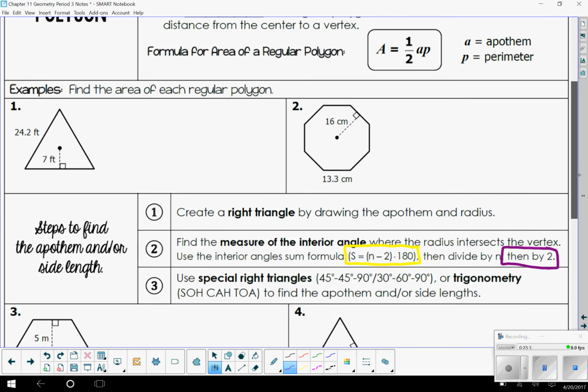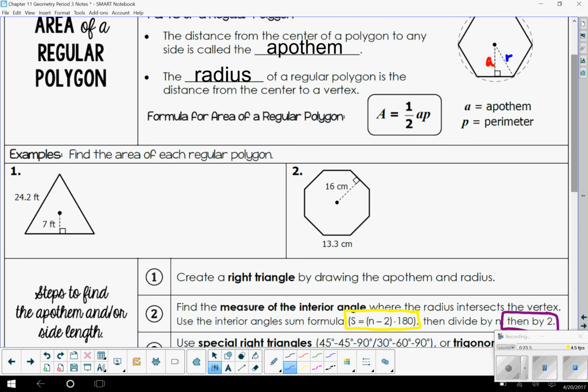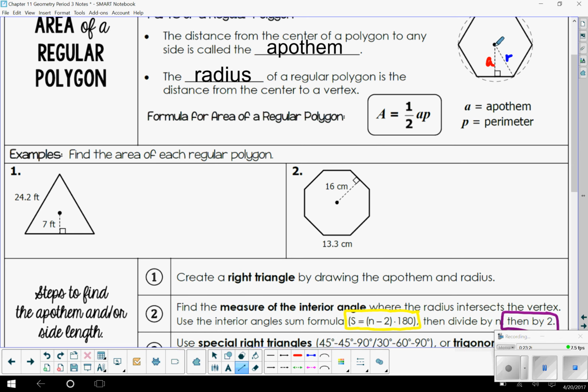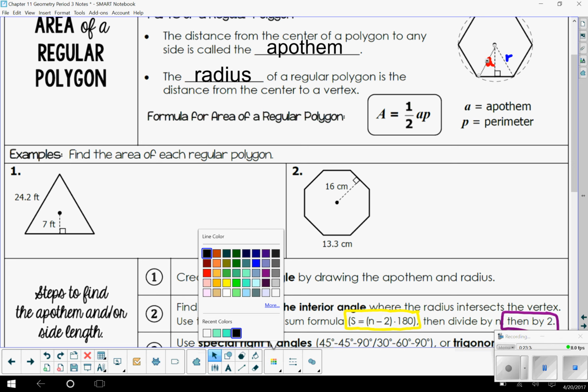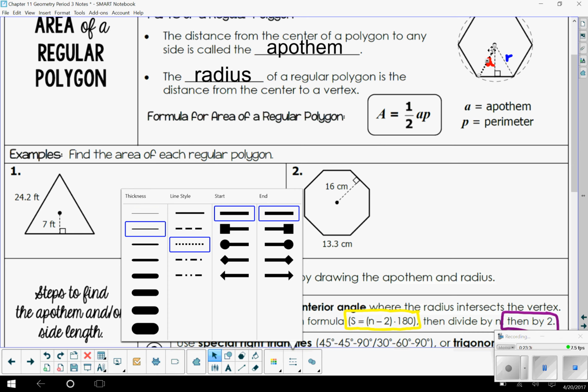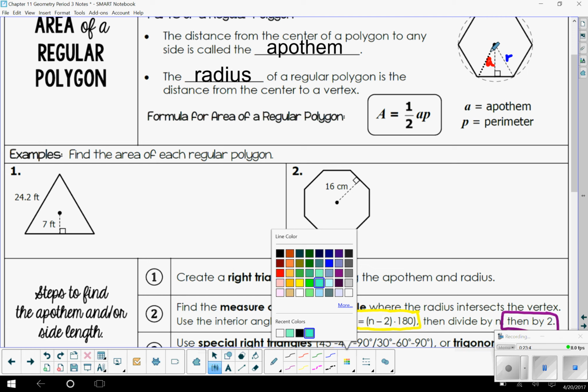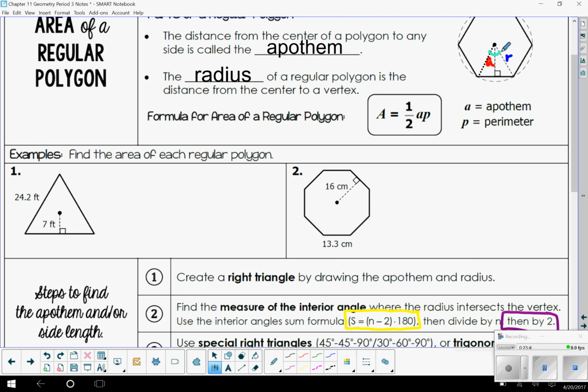So what happens here is when you do the sum of the interior angles, you're finding this right here. Please look up. You're finding this entire angle right there, for the entire triangle.